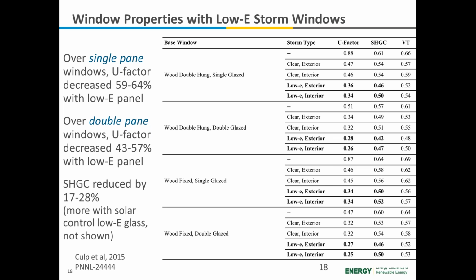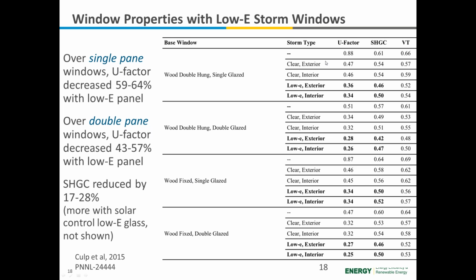So this is a paper that was just recently published through PNNL. The reference number's at the bottom, and it's at the end of the presentation as well. It's also based on some prior work we did with ATI test lab that did simulations using WINDOW and THERM software to calculate the performance of low-E panels over different types of primary windows.